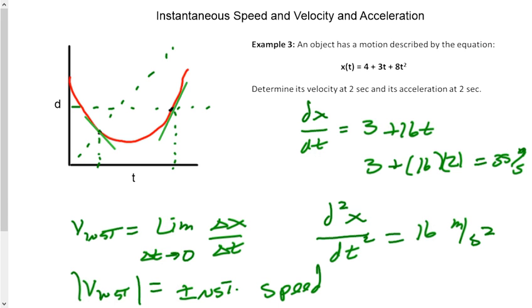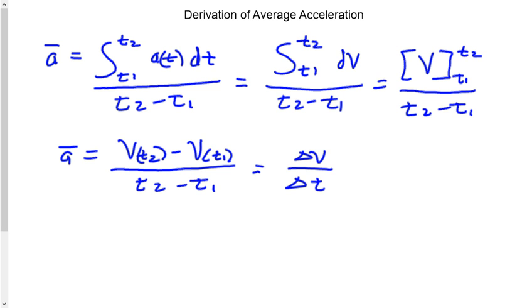Okay, so let's go on to acceleration. If I want the average acceleration equation, average acceleration would be equal to the integral from t1 to t2 of a(t) dt divided by t2 minus t1. And that equals the integral of dv, just like we had dx from before, over t2 minus t1.